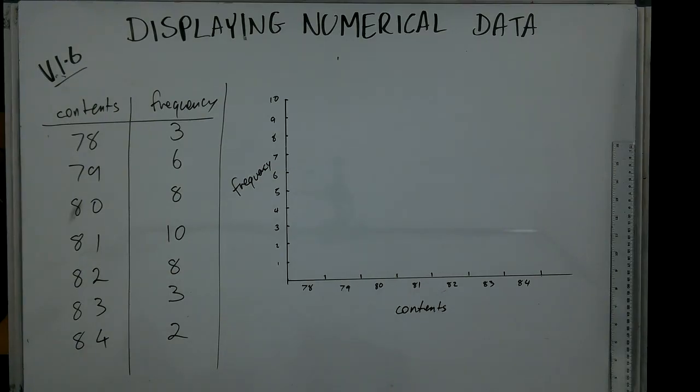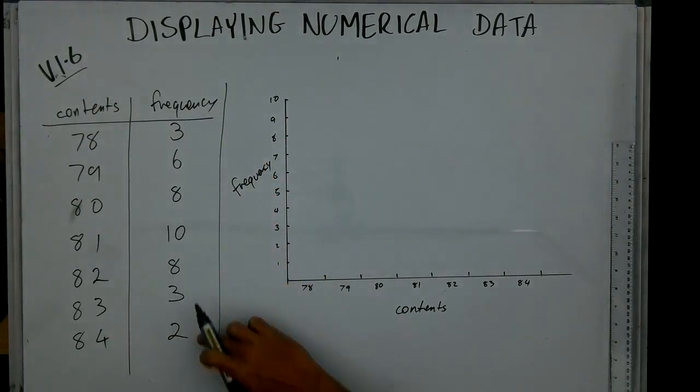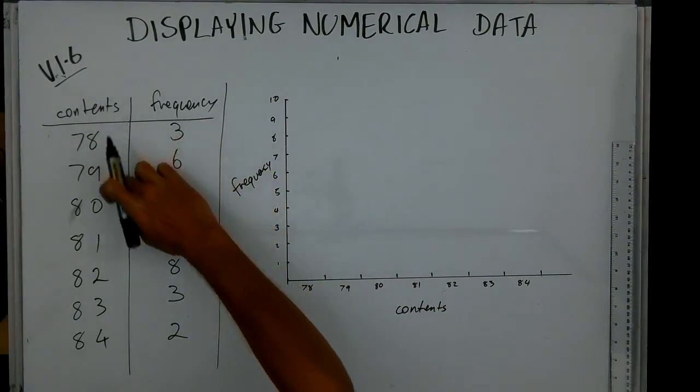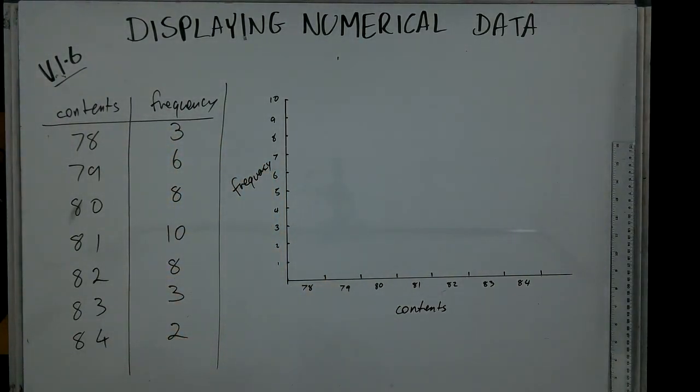Somebody counted how many jelly beans were in each packet, and this is the number of packets that had each of these amounts in them. Draw a histogram of the data. So I've started setting that up. Because this data isn't grouped, these are just individual discrete amounts of jelly beans. Notice that I've put these in the middle of the columns, so I've divided them up.